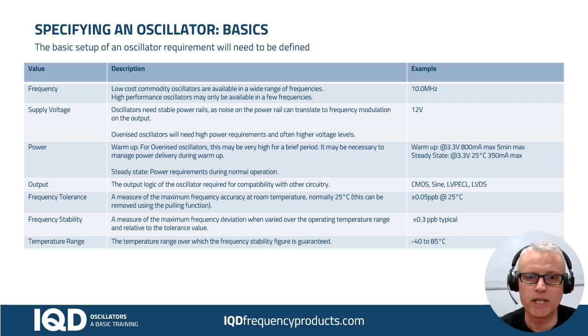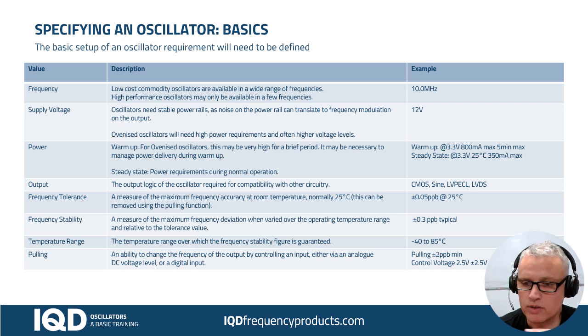So if you really don't need -40, if you're working in something like a server cabinet and you're never going to see temperatures below -10 or even +10 degrees, and you're never going to see temperatures above 70 or 80 degrees, then that's a much reduced temperature range for us to control behavior over. And that's going to make the product easier for us to design. So that is going to have an effect on the cost for the product.